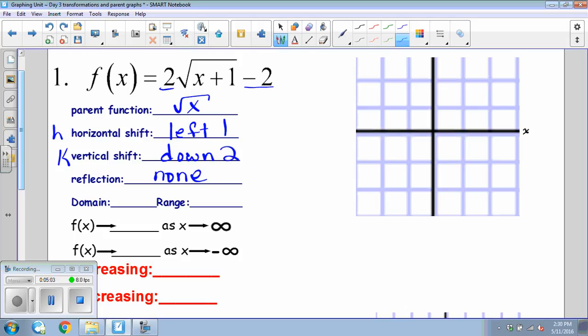And so now you can use your calculator to graph this. In your calculator, you put y equals 2 times the square root of x plus 1. Get out from underneath the square root and do minus 2.